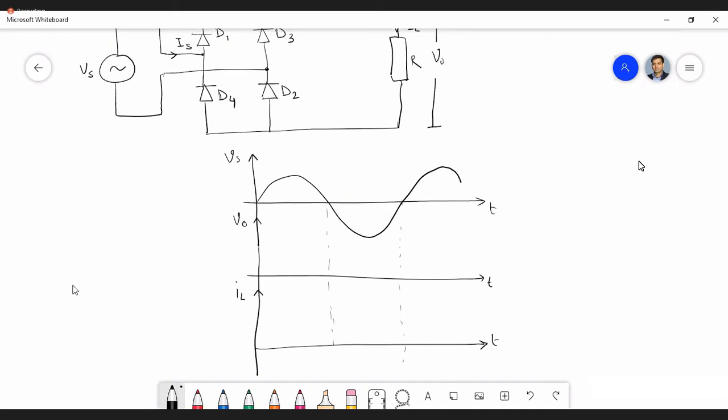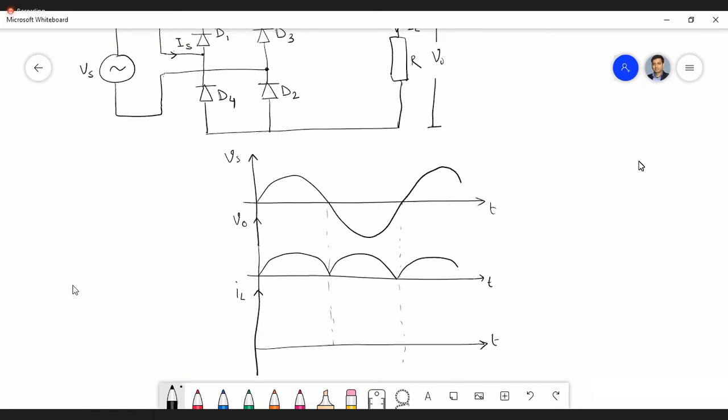Now, if I want to draw the output voltage waveform, how will it look like? Anybody? Sir, it will be pulsating DC, rectified. The negative part will become positive. Okay, so it's a full wave rectified waveform, isn't it? Yes, sir. Full wave rectifier. It's a full wave rectified waveform, like this.